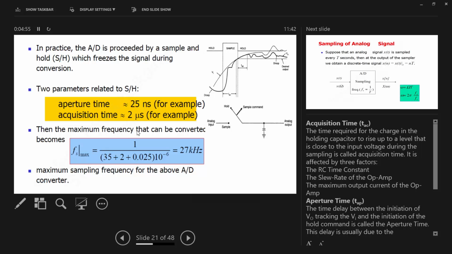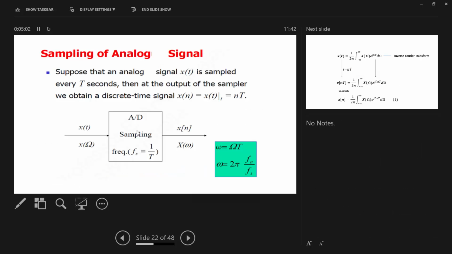So these are some basic specifications of an A to D converter. Now let's go further.